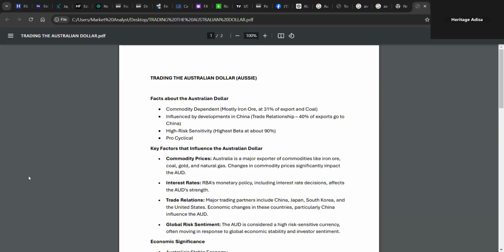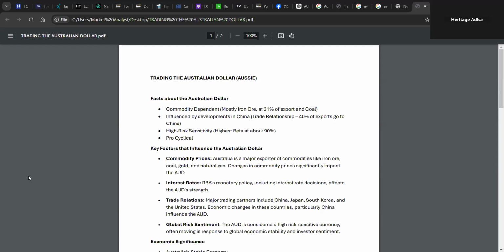That means tools like the moving average would be a very interesting tool to apply when you trade something like AUD/JPY. Of course, there are other factors to consider, like support and resistance and trend lines, because the trends are usually clear when the market environment picks a narrative and runs with it.